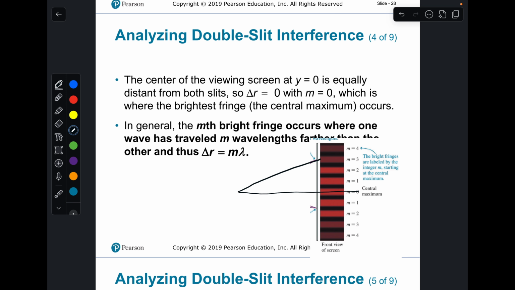And then this m equals 3 fringe is going to be at some angle theta 3. Our m equals 2 fringe will be at some smaller angle, theta 2. And then our m equals 1 fringe will be at some smaller angle, theta 1. And so those 1, 2, and 3 are going to correspond to what order the fringe is.